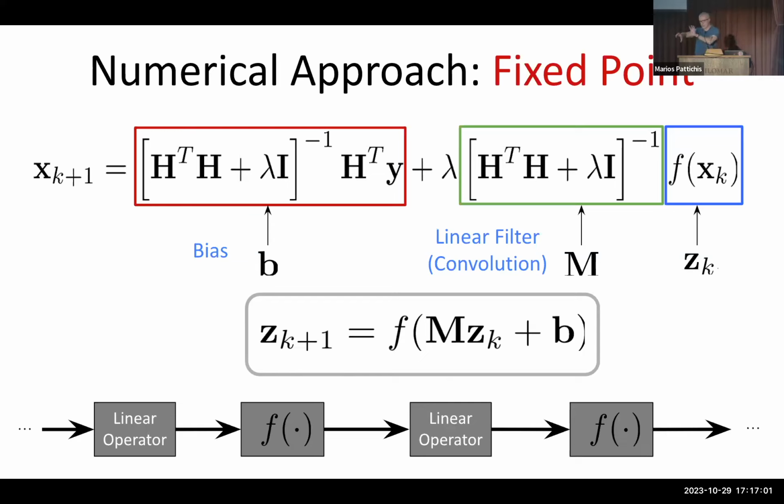You take the input, you apply convolution, bias, nonlinearity. Except that the nonlinearity here, remember, is not a scalar nonlinearity. This is a full vector nonlinearity, f, which is a denoiser. But again, from a very broad point of view, you've got a linear operator, denoiser, linear operator, denoiser, a very similar path, if you like.